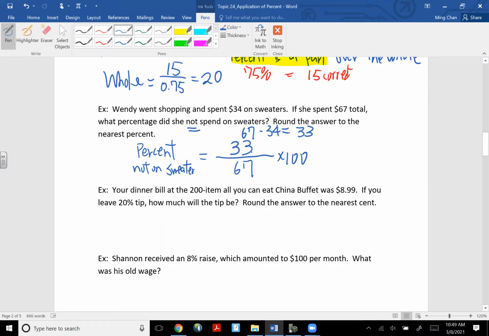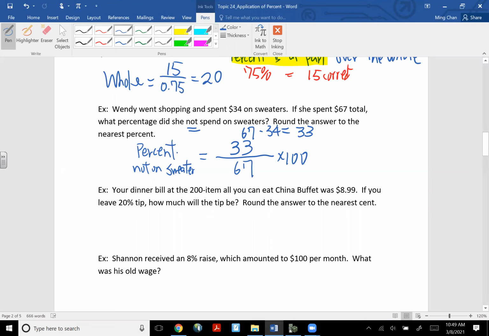Percent is a part. These two numbers need to represent the same meaning. They are just in two different notations. $33 is actually the money not spent on sweater. The question is asking for the percent not spent on sweater. Both mean the same thing. Both mean not on sweater.